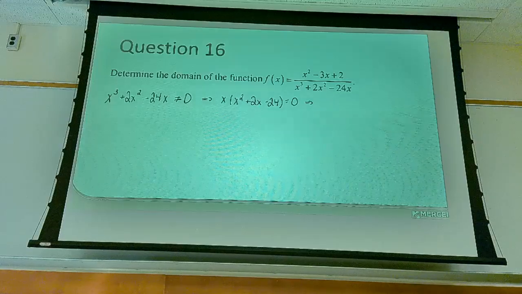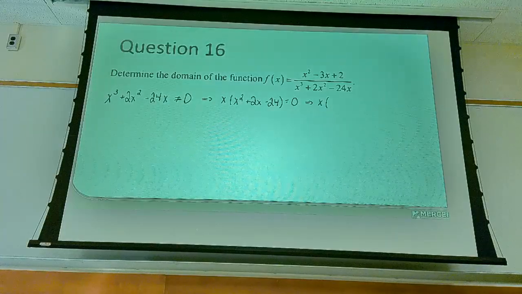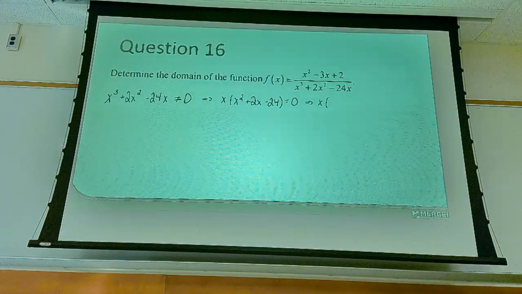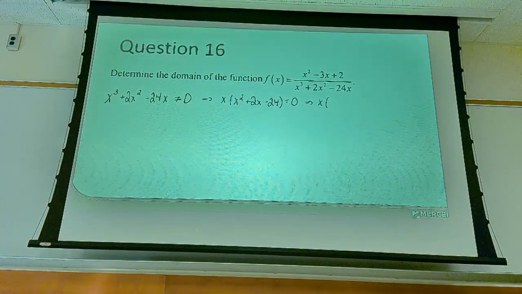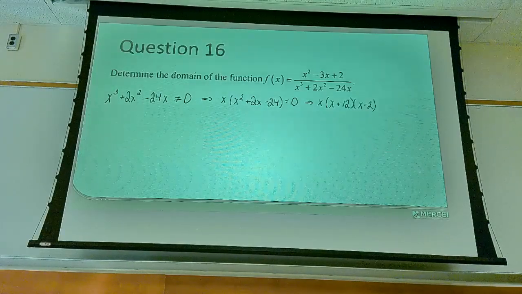Factors of 24, when subtracted, gives 2. 12 and 2. And higher one takes the plus. No, I'm sorry. 12 and 2 gives 10.